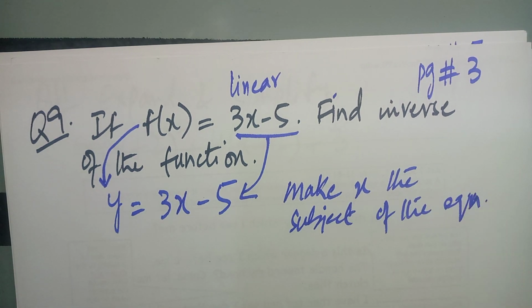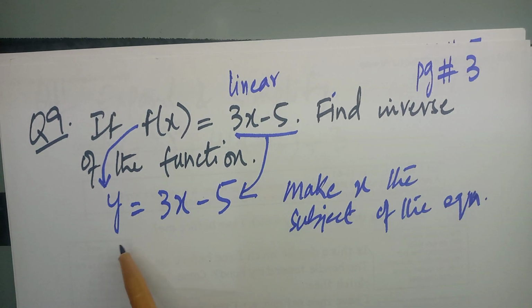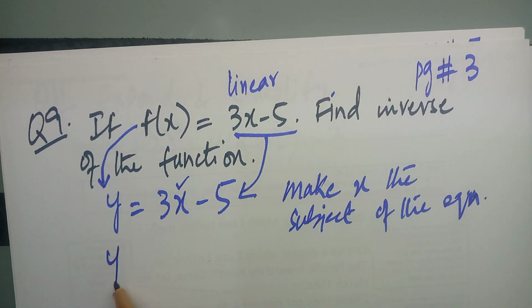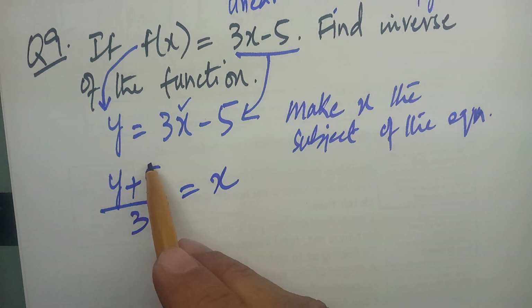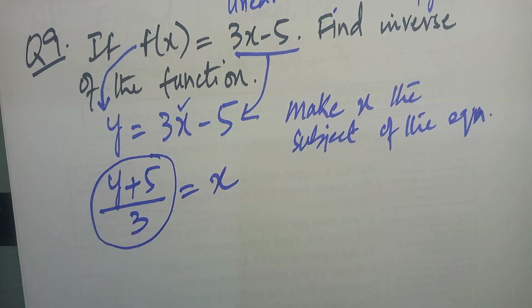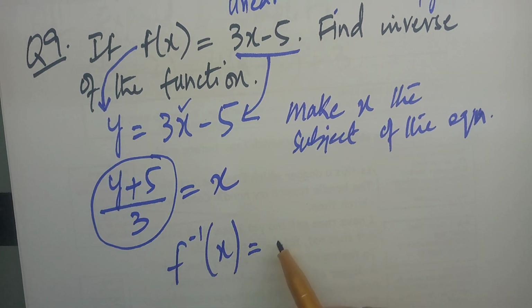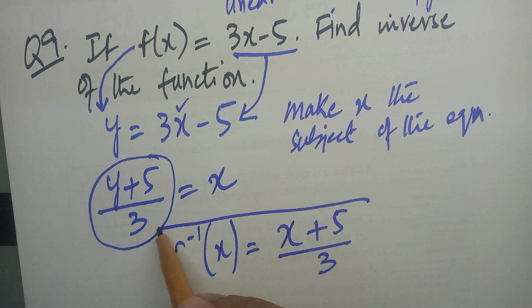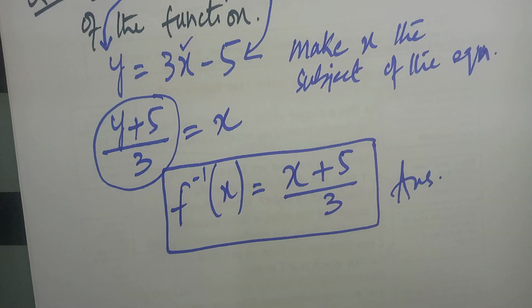To make x the subject, you need to shift 5 and then 3. So this is equal to the inverse of the function. To write down the inverse of the given function, you just need to replace y with x to have the inverse in terms of x.